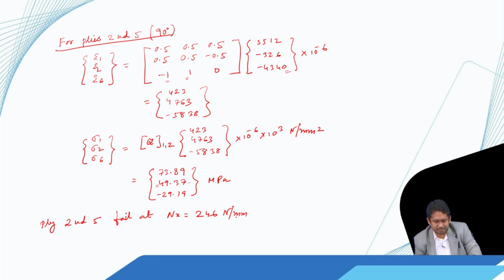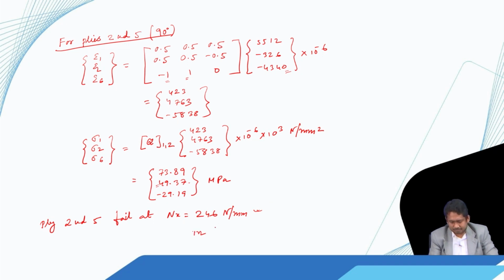So, if I divide 50 by 49.37 and then multiply by 217, this is the load that comes, and this fails in transverse tension.